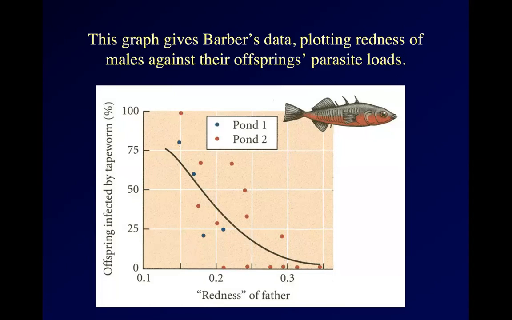If you're a female that prefers the reddest males you can get, then your offspring are going to be healthier and more of them will survive. So if there are genes that influence your preference, some of those alleles are going to be preferentially passed on because the females that like red males are going to have more babies than the females that don't.